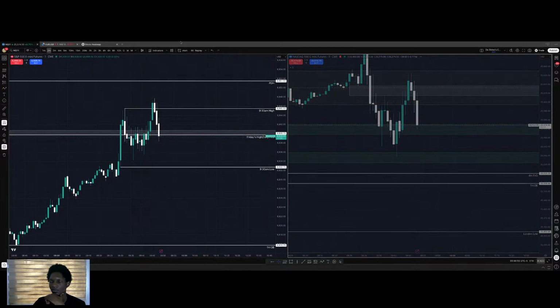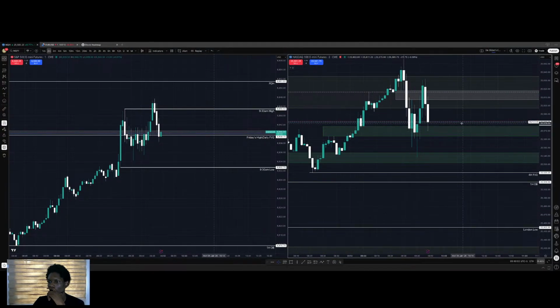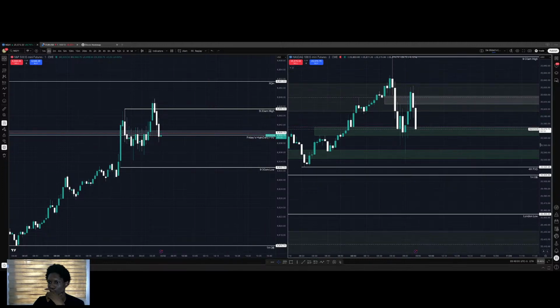Okay, we might be looking at this. Let's wait for this 2 minute candle.